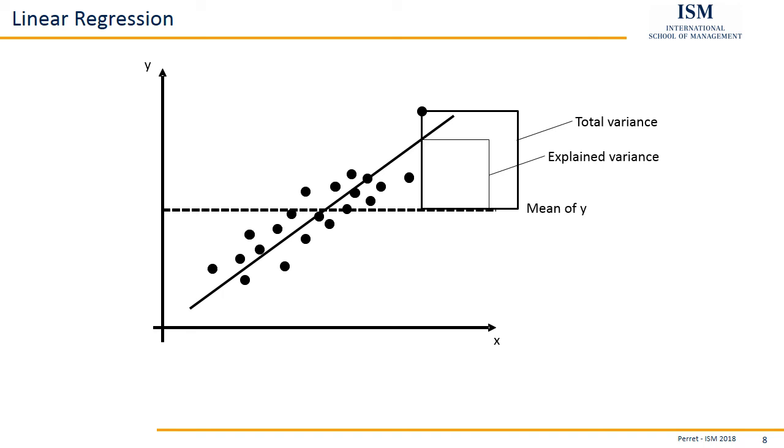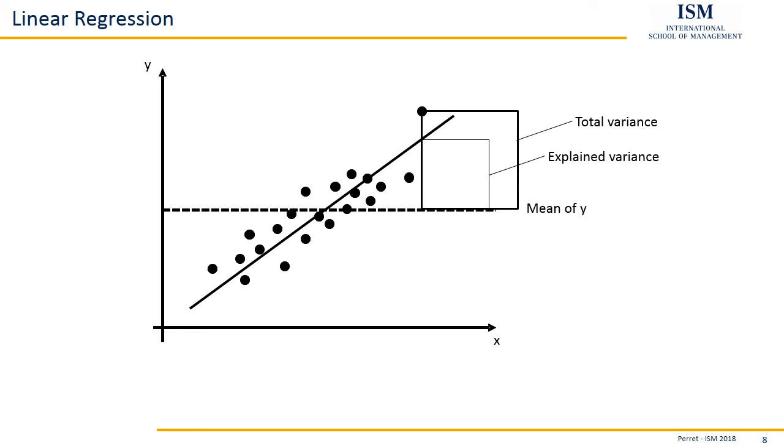However, the part which is covered from the mean towards the data point, that's a part which is already explained via the regression line. And the coefficient of determination basically compares those two values.